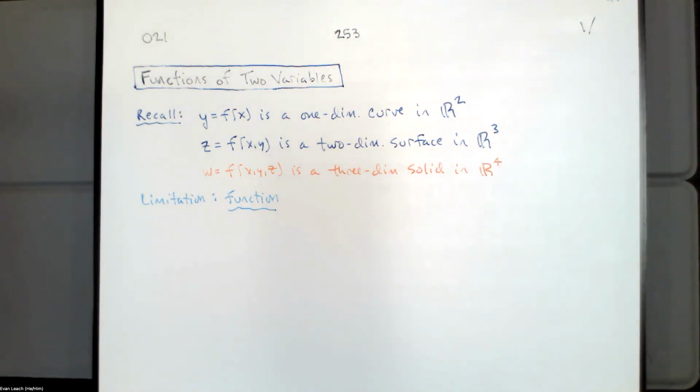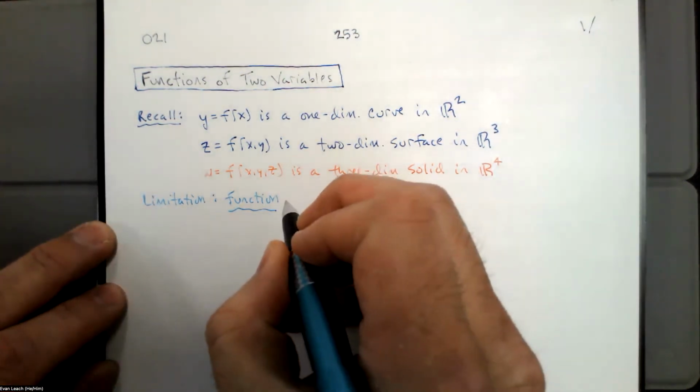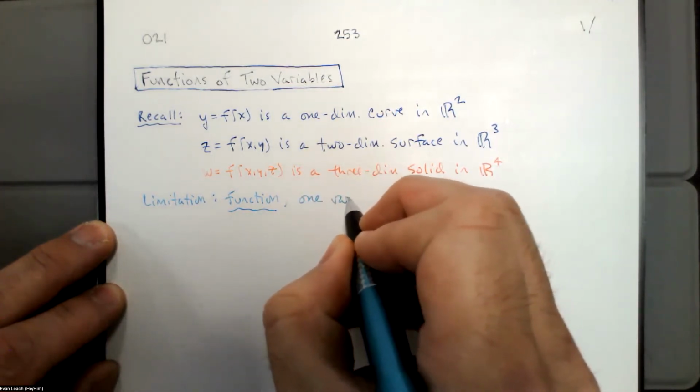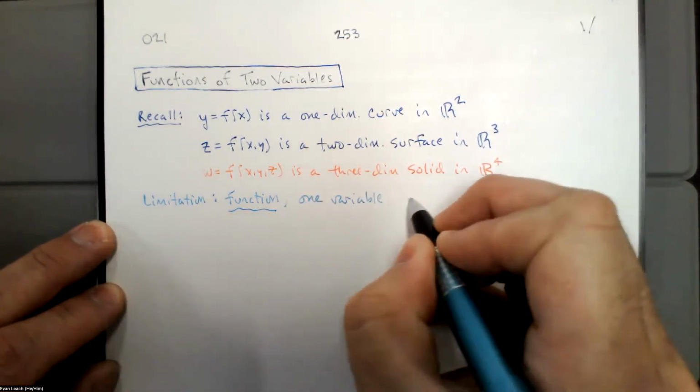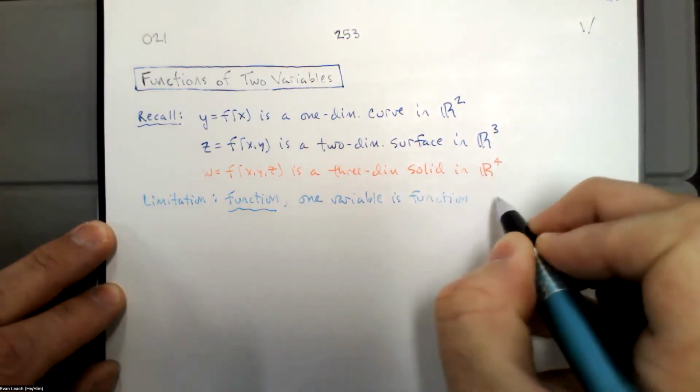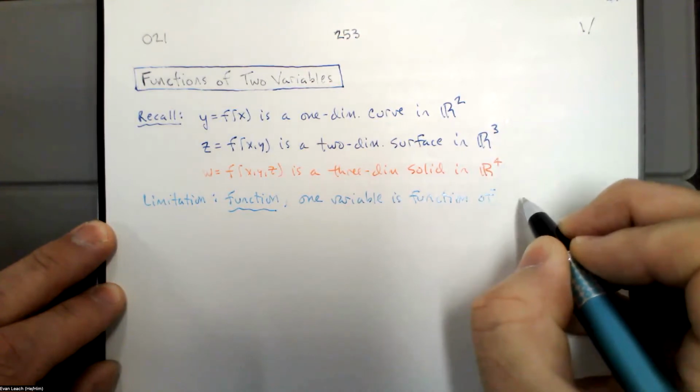But this is a good starting point for dealing with surfaces in three dimensions. So the limitation is that one function should be more specific. One variable is a function of the other variables.